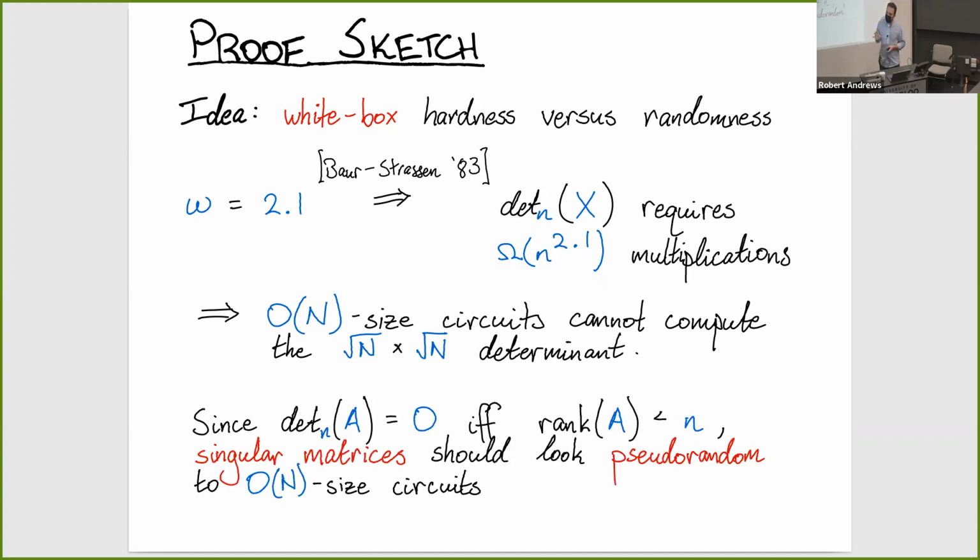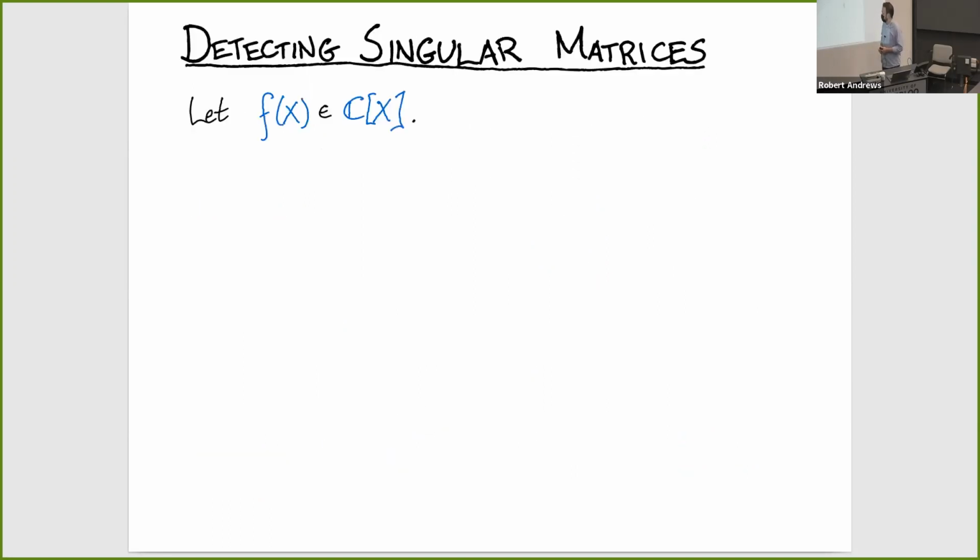So here, because the determinant is exactly what tells us about the rank of a matrix, we should think that singular matrices are going to look pseudo-random to small circuits. Now let's try to make this precise and see what happens. Okay, so we have a polynomial, and here's the idea of an algorithm I have. I take this polynomial, and I test it on every singular matrix.